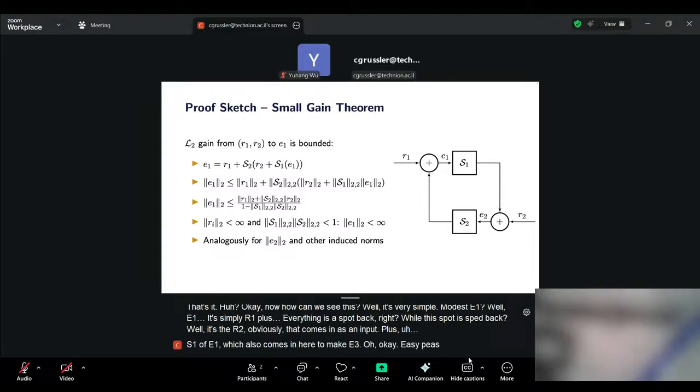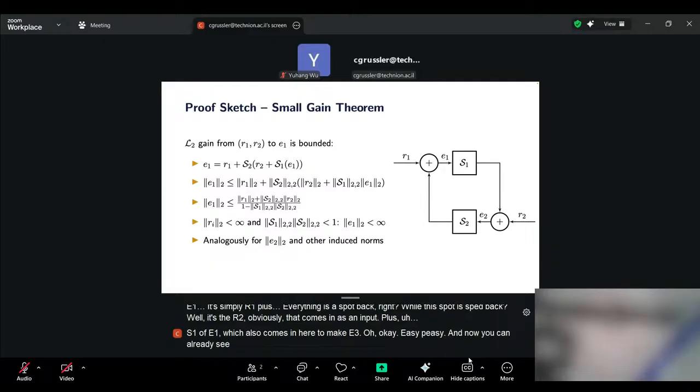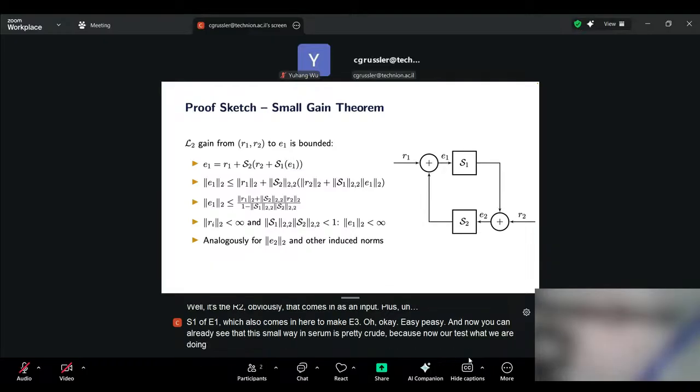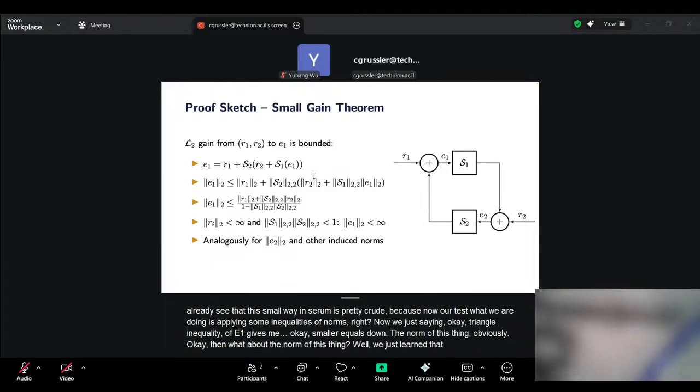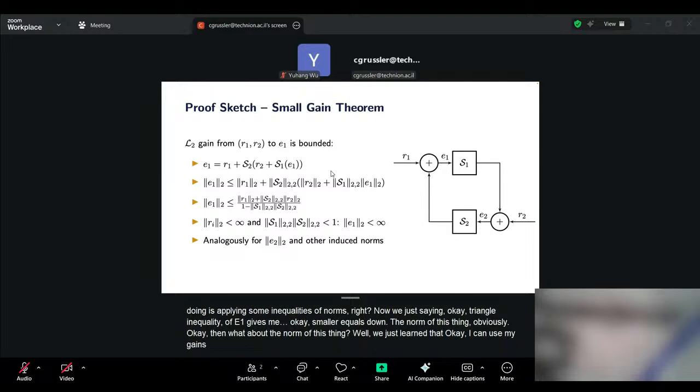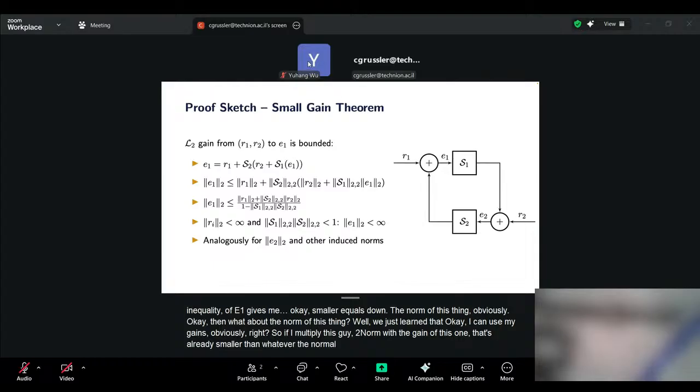Easy peasy. And now you can already see that this small gain theorem is pretty crude, because what we're doing is just applying some little inequalities of norms, right? We're just saying, okay, the triangle inequality of E1 gives me that it is smaller or equal than the norm of this thing. Then what about the norm of this thing? Well, we just learned that I can use my gains, right? So if I multiply this 2 norm with the gain of this one, it's definitely smaller than the norm of whatever comes out of it.